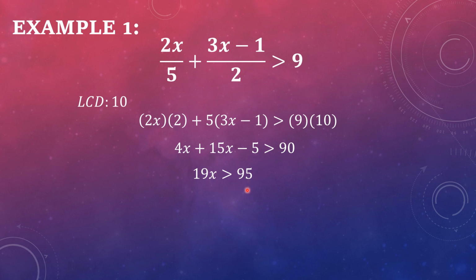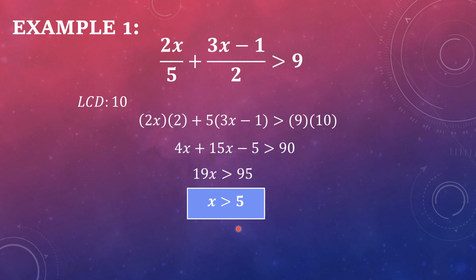How did we get 95 here? We transpose negative 5 to the other side, or apply the addition property of inequality: 90 plus 5 is 95. We divide 19 on both sides of our inequality, so x then is greater than 5.